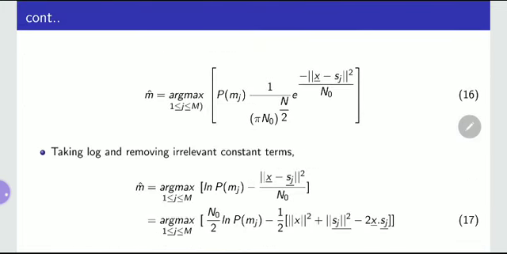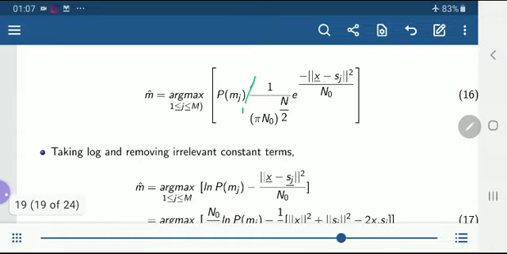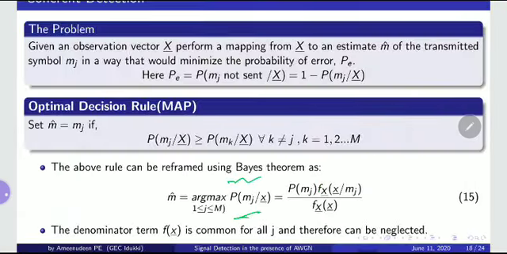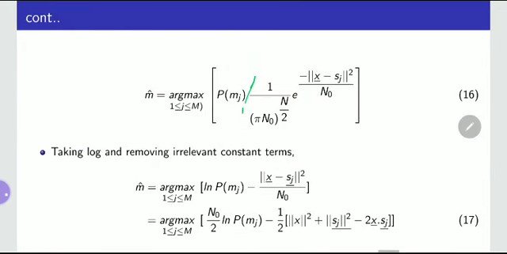So I will write P of mj, and this value we have already derived before, 1 by pi N naught. fx of x given mj is actually Gaussian distributed with mean sj. We have derived it. So using that equation here, now we take log.